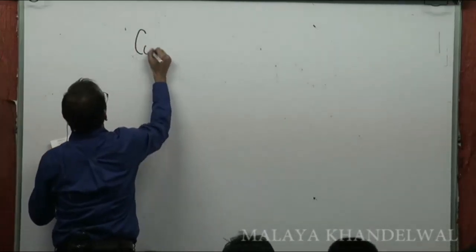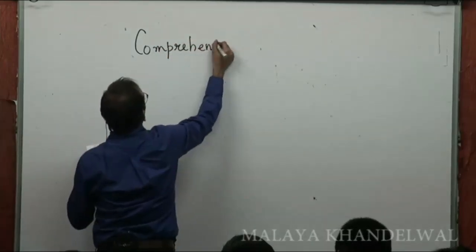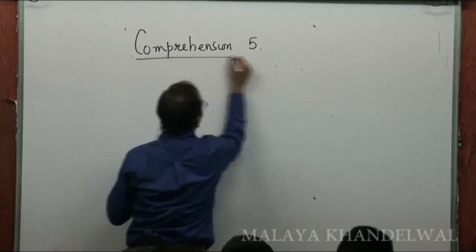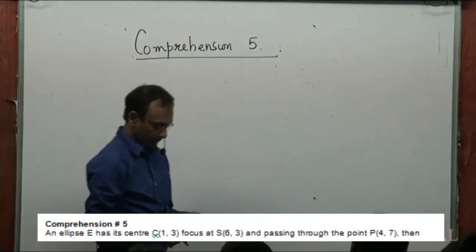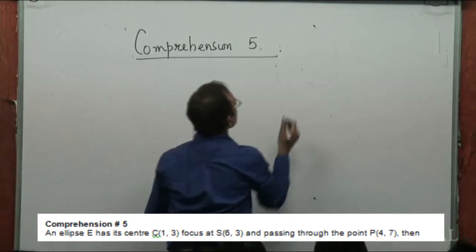Comprehension 5 now. There is an ellipse.